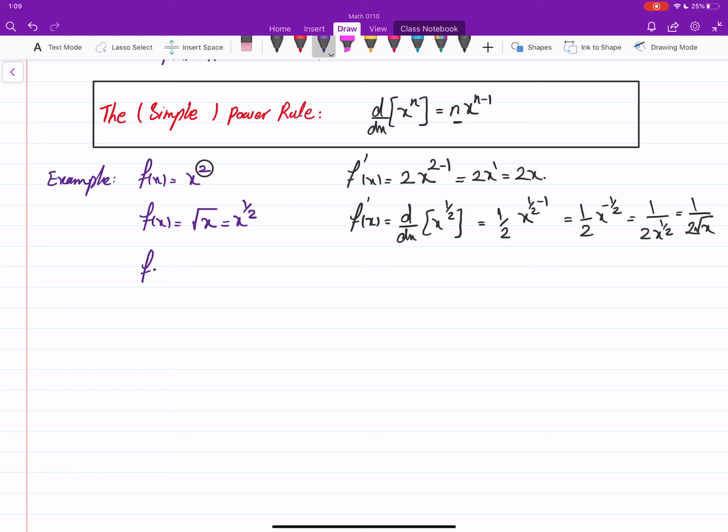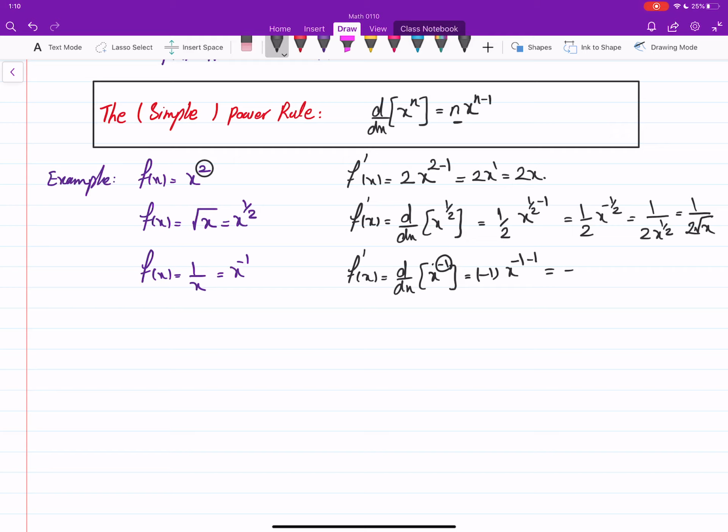What is the derivative of 1 over x? Well, 1 over x is the same thing as x to the power negative 1. We know that. So the derivative of x to the power negative 1: the power comes up front, and x goes to the power 1 less than the original power.